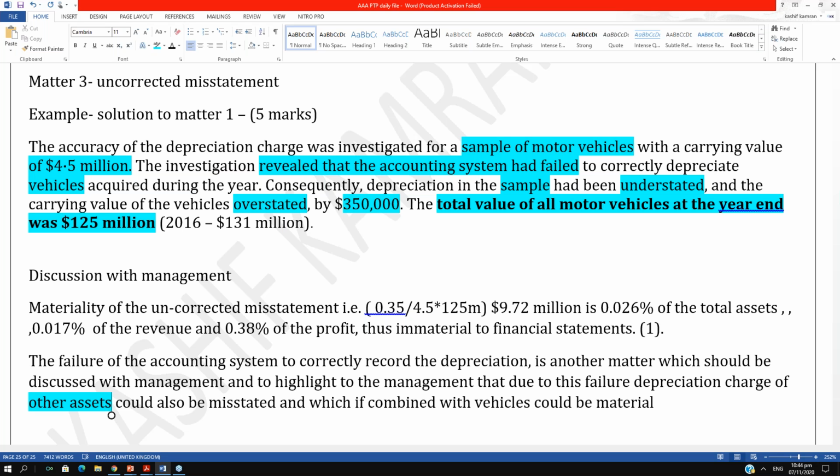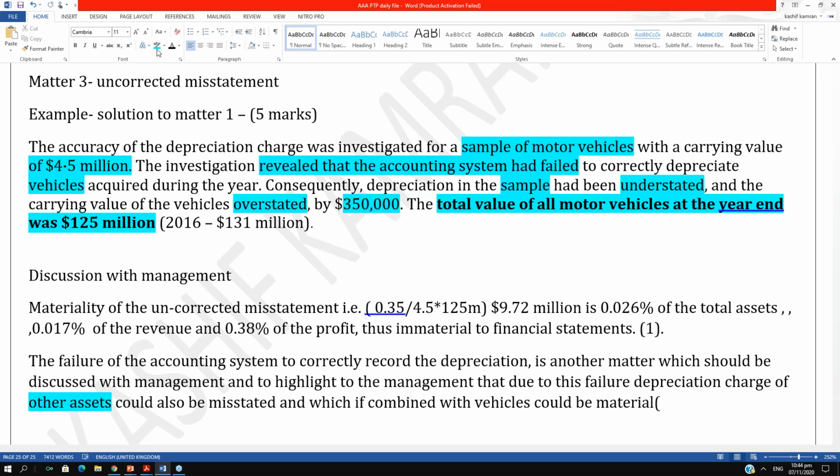Currently it's just 9.72 million, right? But can this amount become bigger if we look at the other tangible assets, right? So should we tell management that the failure of an accounting system can affect the depreciation charge not just of vehicles, it can also affect the depreciation charge of others, right? So second mark.